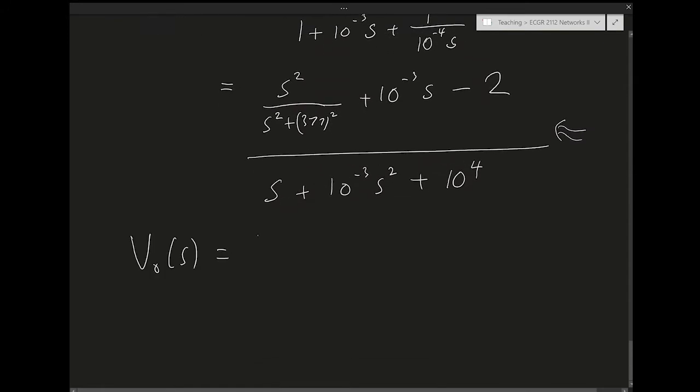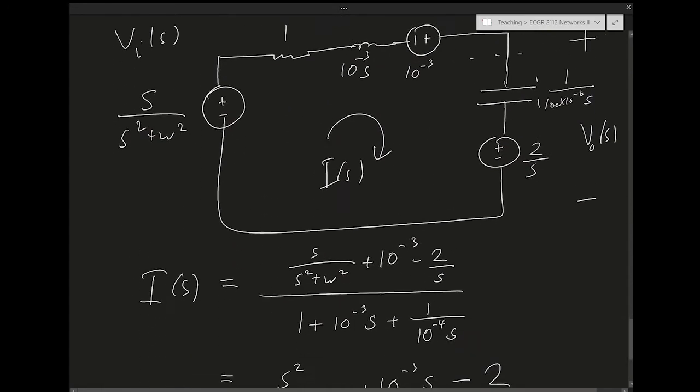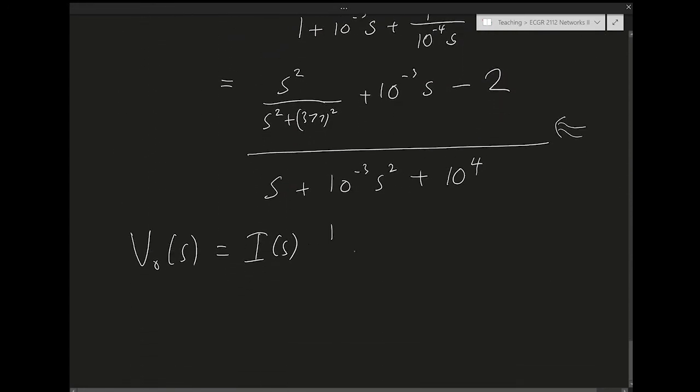VOS would just be IS times the impedance, which is 1 over 100 times 10 to the power minus 6 S. We said this is equivalent to 10 to the minus 4, right? Plus 2 over S, right?